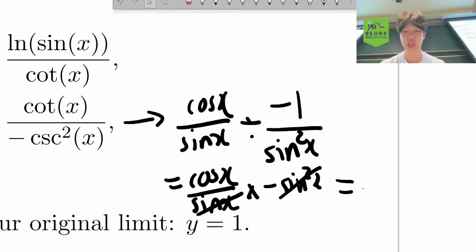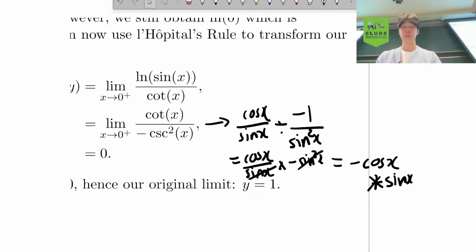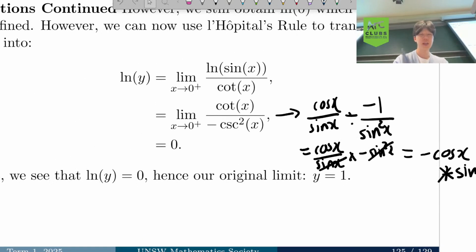These cancel, so you get negative cos x times sine x. And when x is 0, our entire thing is going to be 0. Hence, we get ln y is 0.